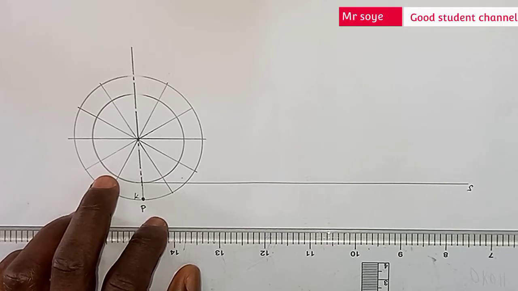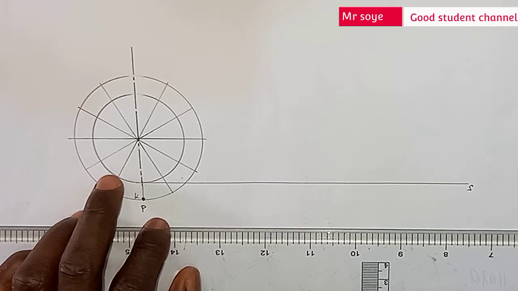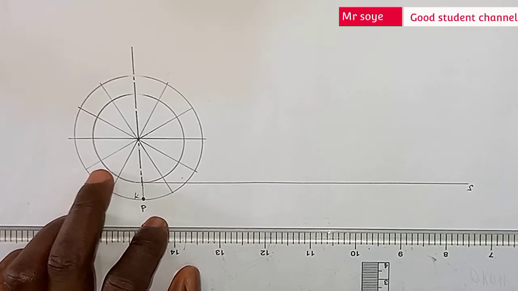The circumference is equal to 12 times the dimension from one point to the other.